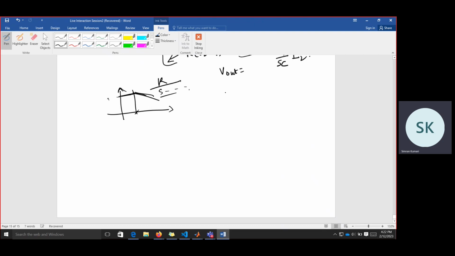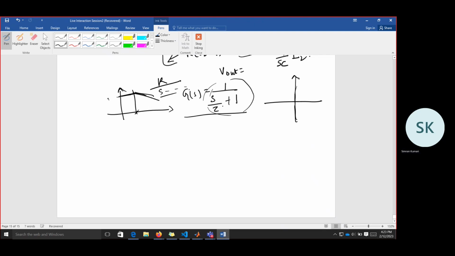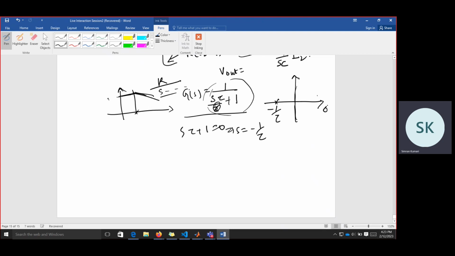But suppose a system, a first order system, has transfer function 1 by (s tau plus 1). This is one system, no? Now in the s plane, what is the pole? s tau plus 1 equal to 0, so s equal to minus 1 by tau. This is the real axis, and this is the j omega axis.